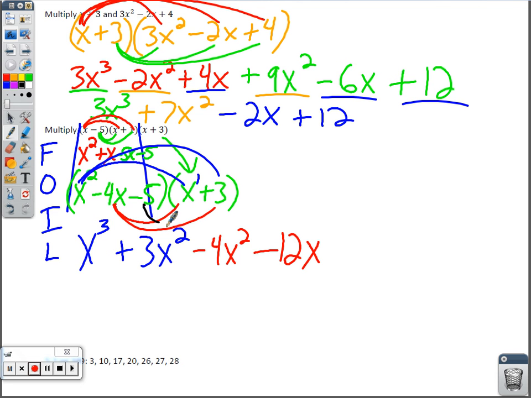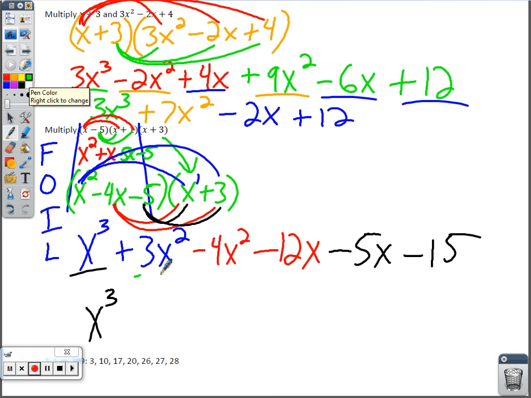So negative 5 times x gives negative 5x. Negative 5 times 3 gives negative 15. And now we just need to combine like terms. So there is only one thing with an x cubed, so I'll just write that down by itself. There are two things with an x squared, negative 4x squared and 3x squared.